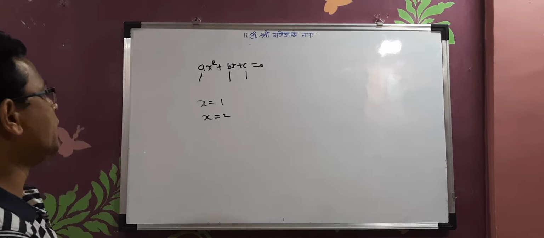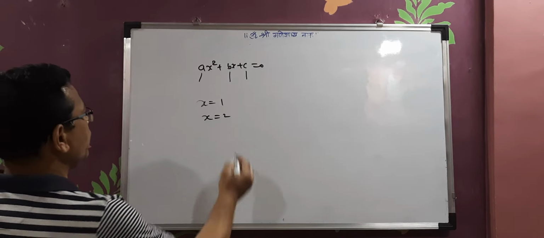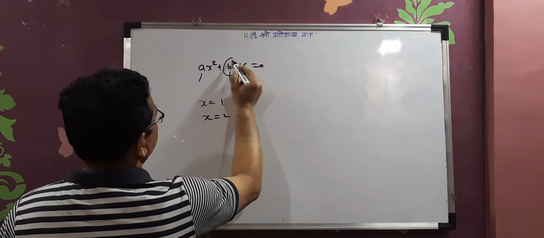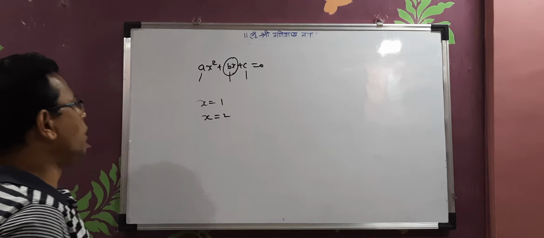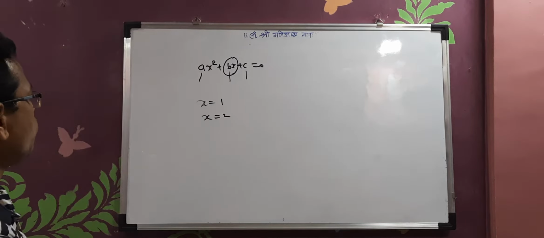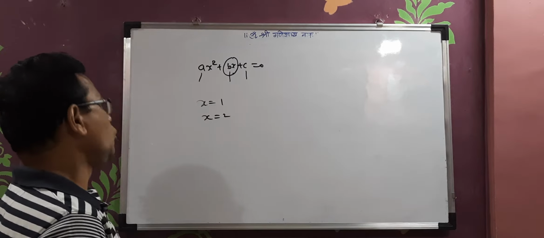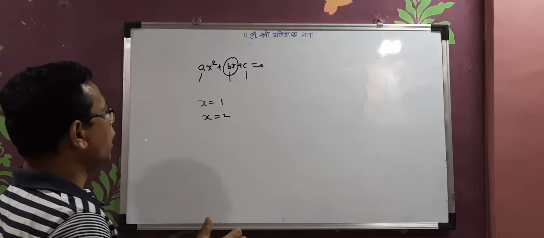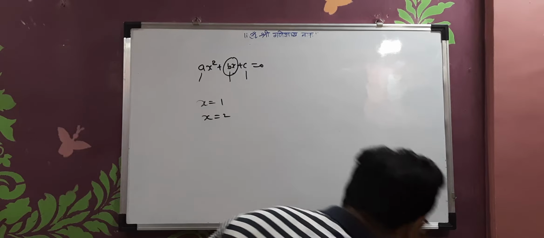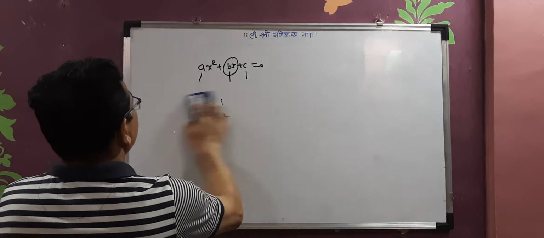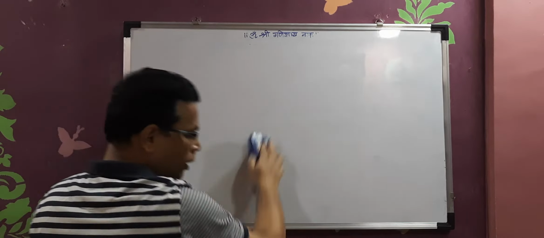It is lengthy and time consuming. So in this session we will factorize the middle term into two parts, and we will see how to get the value of x and the roots of the quadratic equation.